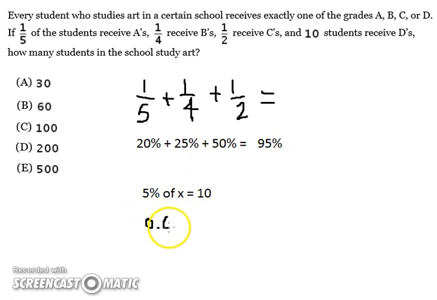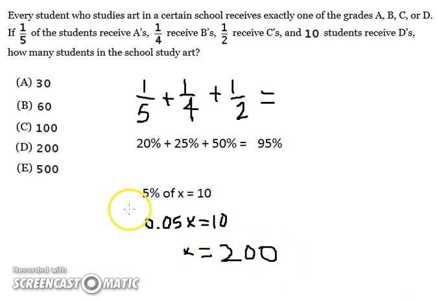So the decimal representation of 5% is 0.05, times x equals 10. And 10 divided by 0.05 is 200, if I can draw a 2. Right? Same answer.